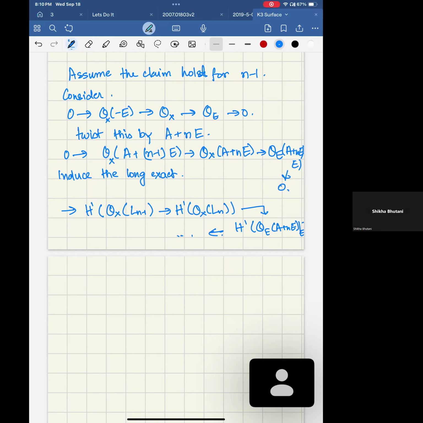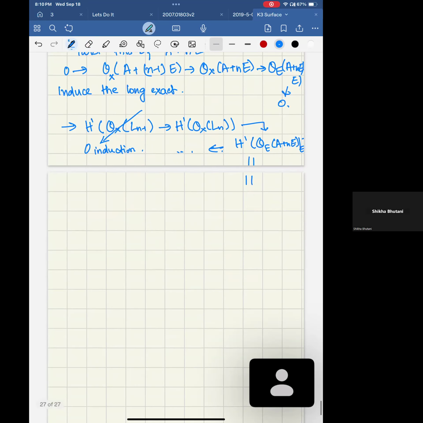Okay. So now this one will vanish because of the induction. And this third thing over here is nothing but, so E is isomorphic to P1, right? So that implies that this thing is going to be O of P1.